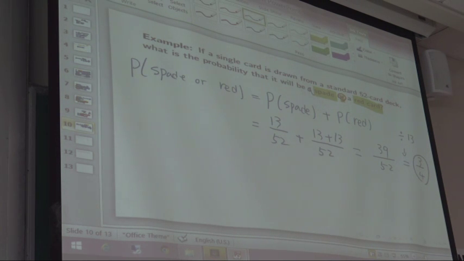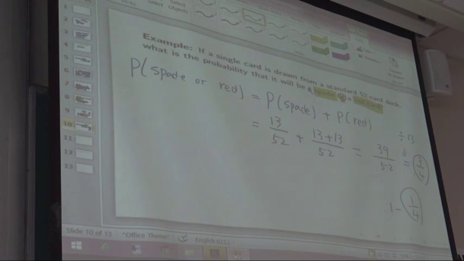We only exclude the club, which is black. The club is 1 over 4. So from the whole thing, if we just subtract 1 minus 1 over 4, we actually get 3 over 4, which is much quicker.